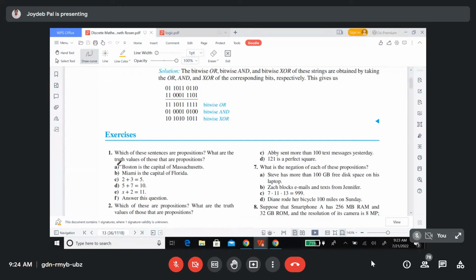It is a proposition. Actually, these types I have already told. 1C, it is a proposition. 1D, proposition. 1E, not a proposition. Good. 1F, not a proposition. Very good.